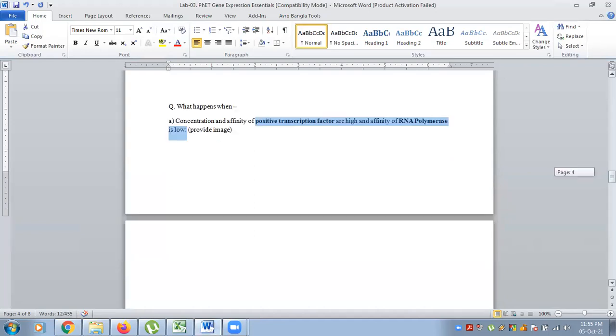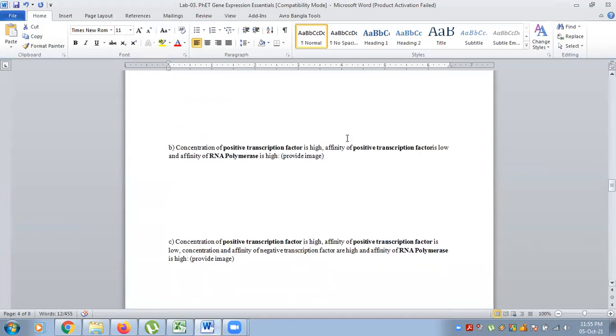Now, concentration of positive transcription factor is high, affinity of positive transcription factor is low, and affinity of RNA polymerase is high.